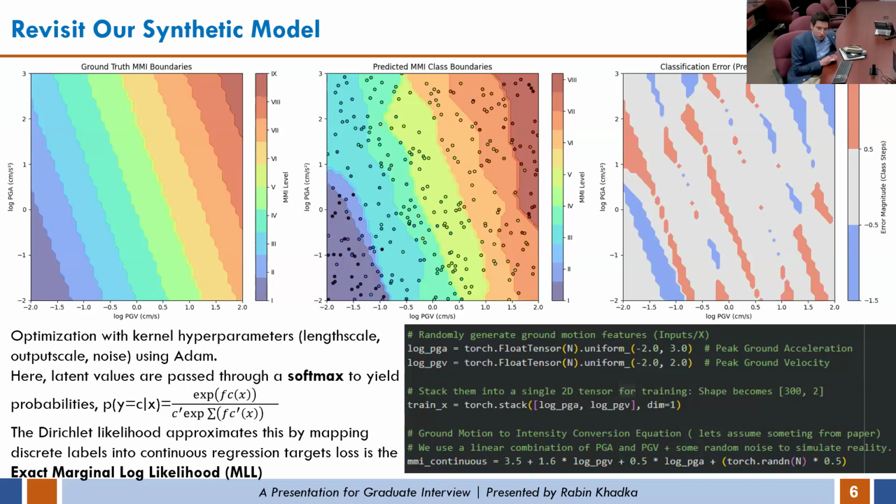These relationships give you the MMI as a function of PGA and PGV. Rabin treated this as truth and created the map shown on the left side of his screen, with the different colored bands. Then he randomly sampled out of that, and those are the points he's showing in the middle.